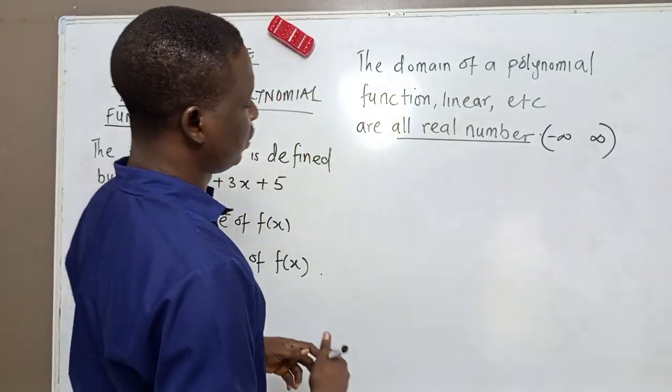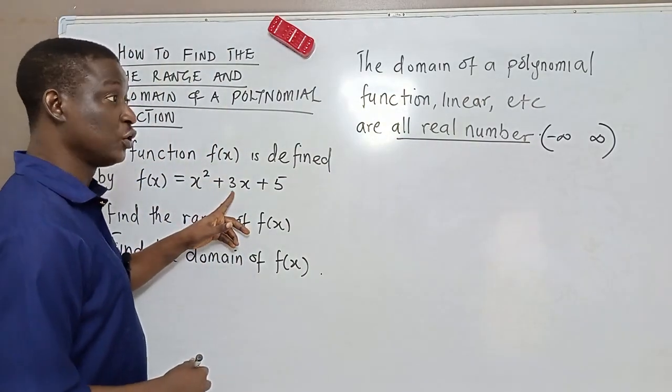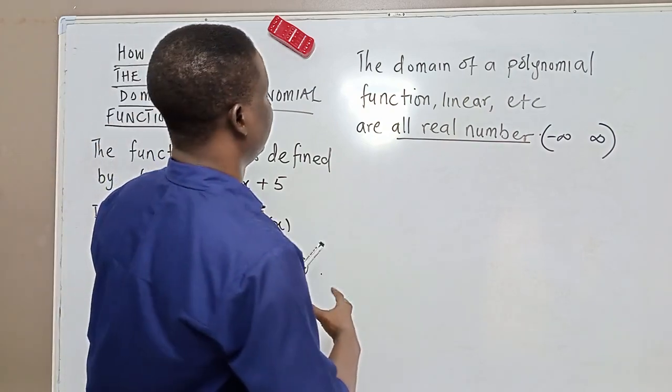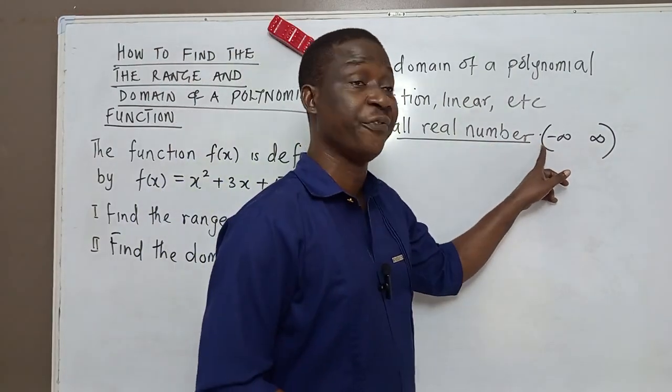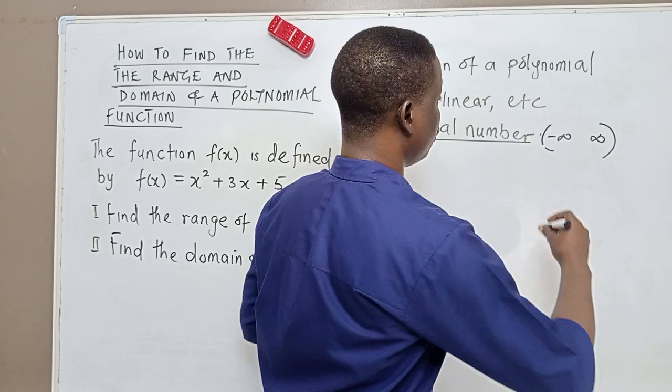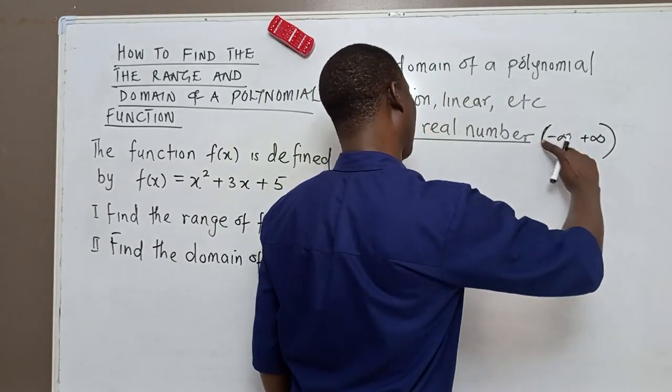But which is the answer to this question? If you want to find the domain of this function, it is all real numbers. So that means all the values of x are from minus infinity to plus infinity.